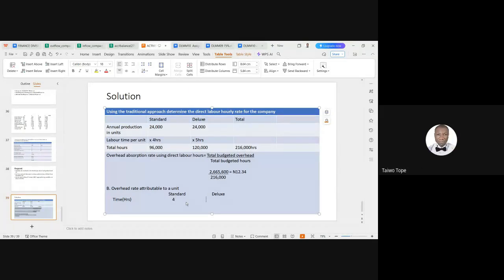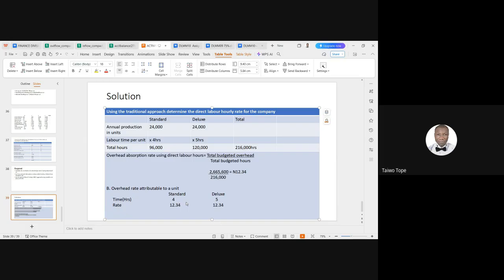To produce loss, how many hours do you need? 5 hours. The rate is 12 naira 34 kobo per unit, and the loss is also 12.34.